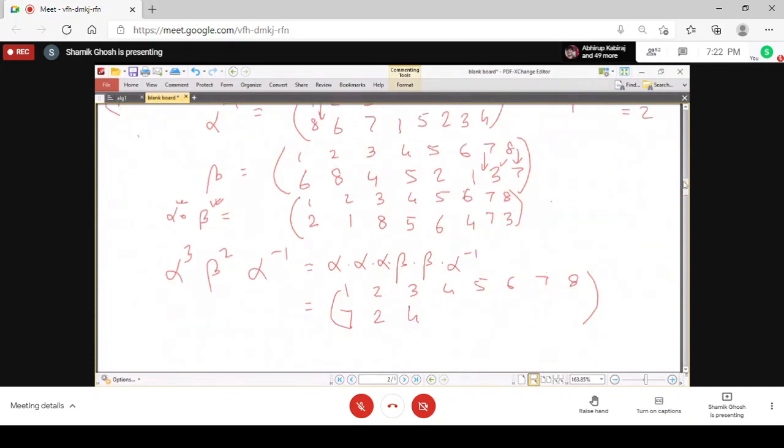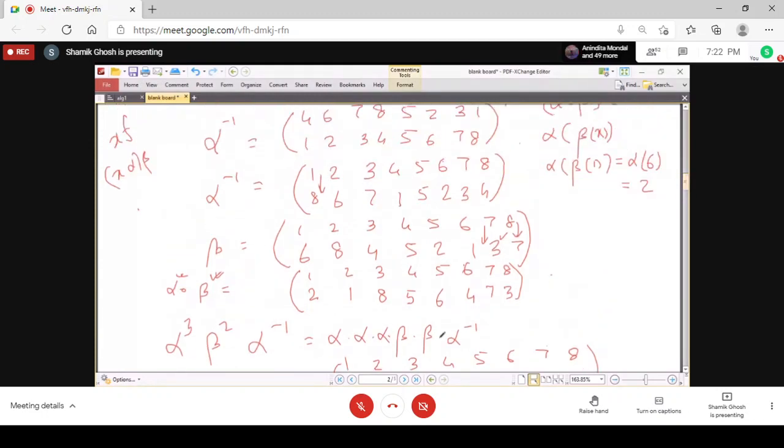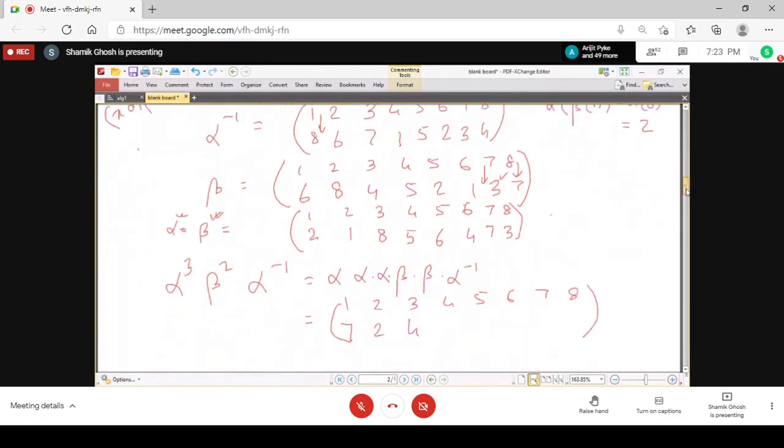So in this way we just carry on. For 4, under alpha inverse 4 goes to 1, under beta 1 to 6, 6 to 1, and then under alpha 1 to 4, 4 to 8, 8 to 1. So 1 is the number here. Then for 5, you see 5 goes to 5 under alpha inverse.